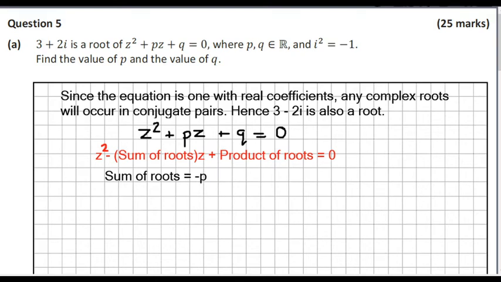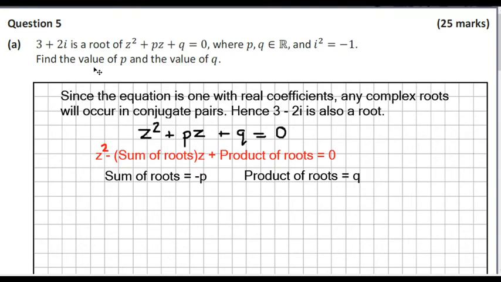And I also know as well that the product of the roots has to equal, in this case, q. So we're now going to be able to use this information to get p and q.